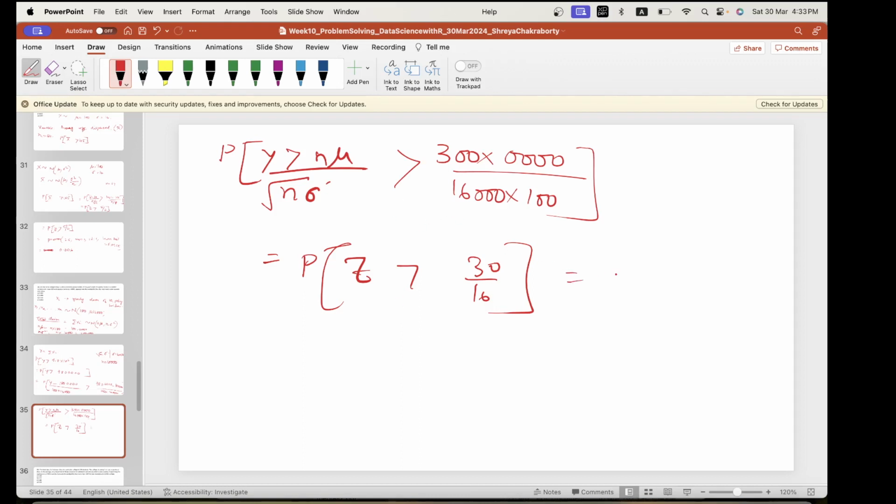So then this will be P norm 30 by 16, lower.tail equals false.